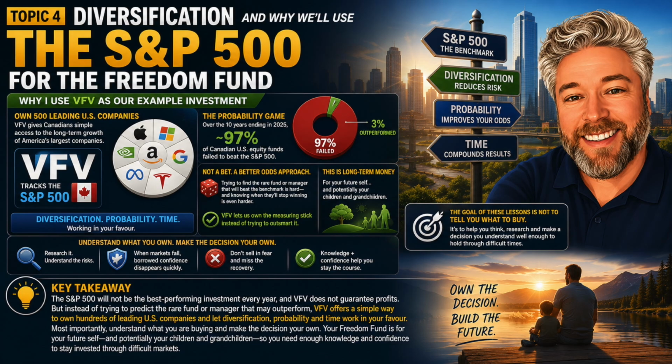VFV gives Canadians a simple way to participate in the long-term growth of 500 leading US companies. It doesn't guarantee profits. Past performance cannot guarantee future results. But rather than constantly trying to outsmart the market, it allows us to improve our odds by owning the measuring stick itself.